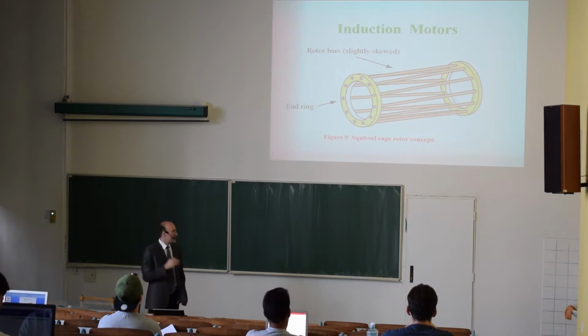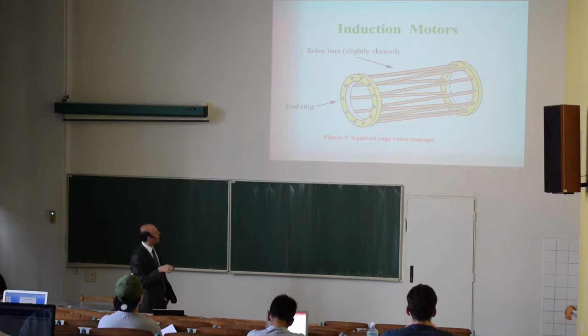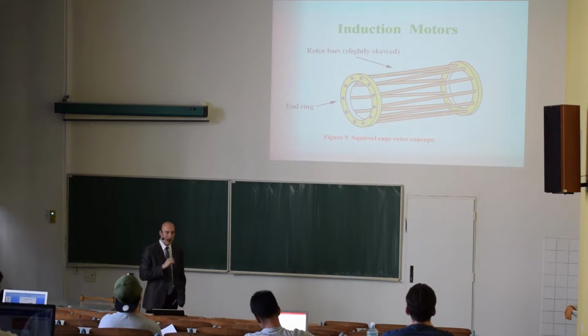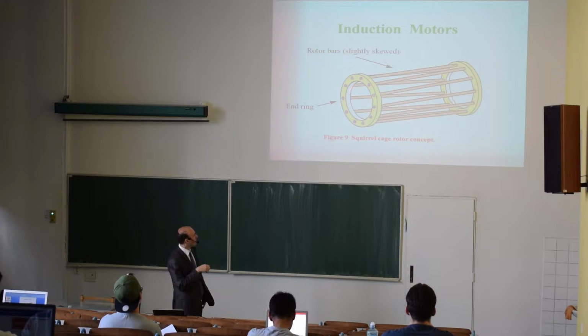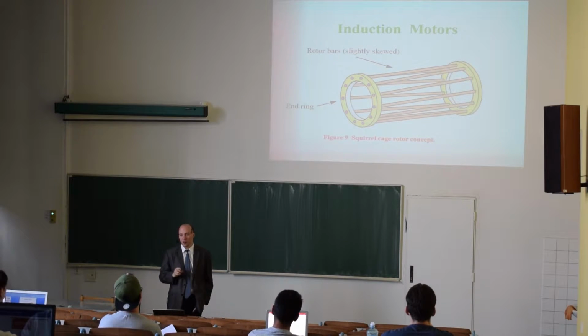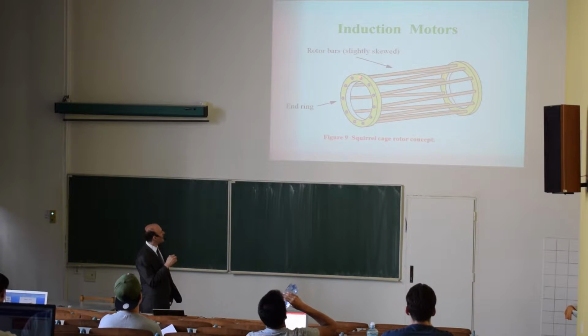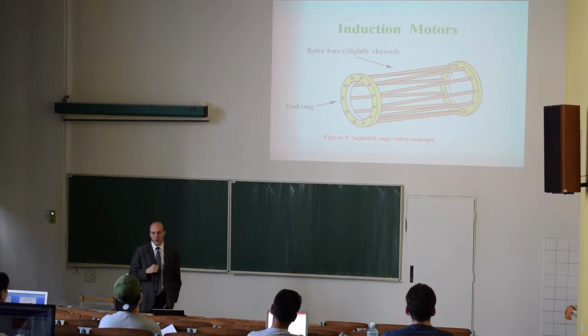This picture is showing only the aluminum bars on the rotor. So the magnetic circuit is not shown, but you need to have it there, because if you would do it like this, you would have a very, very small torque. Here we see that we have a ring on both ends and that the rotor bars are connecting those rings.